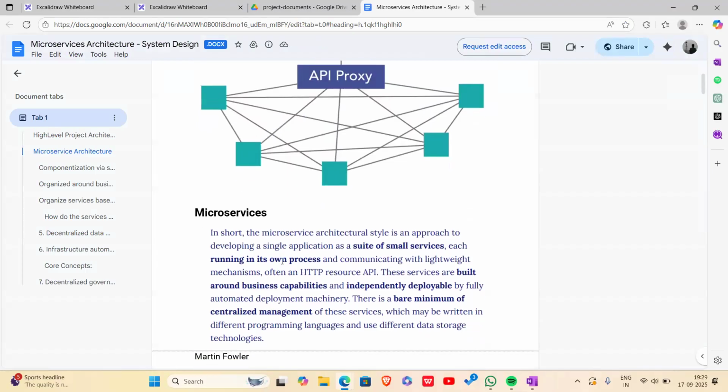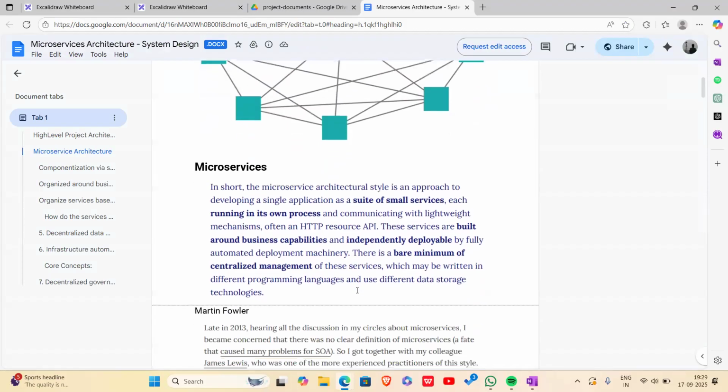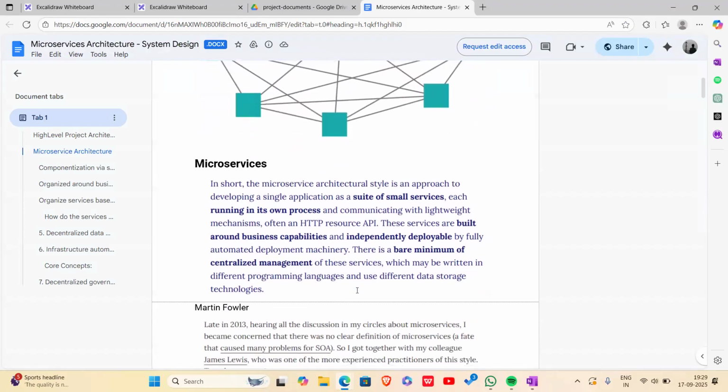In short, the microservice architecture style is an approach to developing a single application as a suite of small services, each running in its own process and communicating with lightweight mechanisms, often an HTTP resource API.